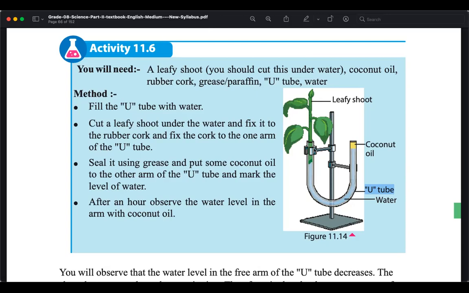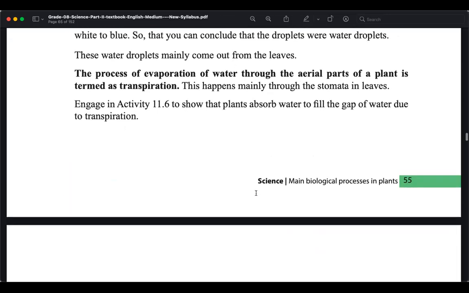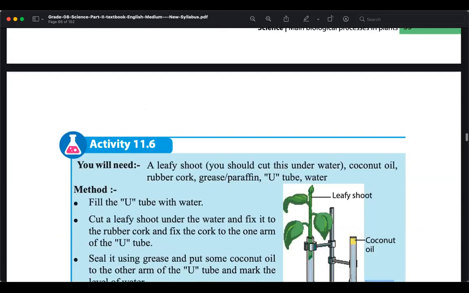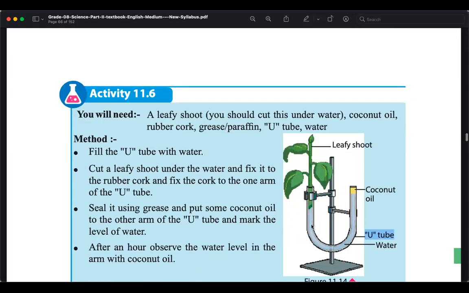If it is exposed to sunlight, or if it is in a dry environment, then evaporation will happen. When this evaporation, or transpiration, through the plant leaves happens, there is a lack of water in the plant, because the water in the leaf will move away. Therefore, there will be a gap. To fill the gap, it will absorb water from the U tube, and then you can see the coconut oil level will move down. Why?